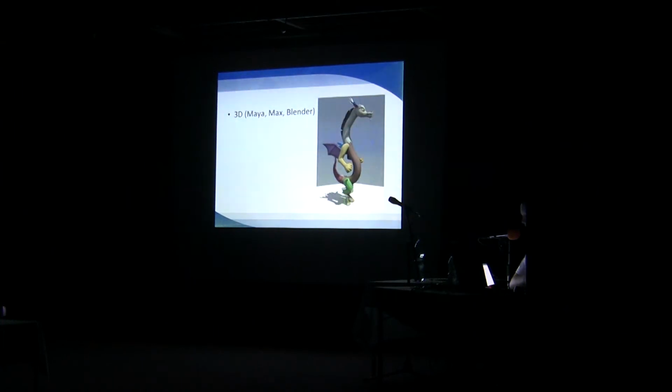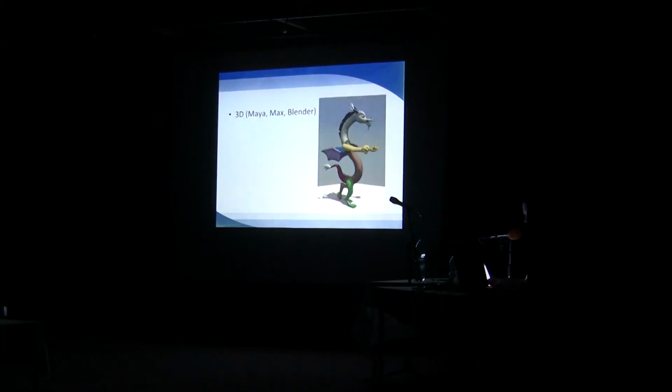3D animations are usually made in Maya, Max, Blender, in such animating programs. From these, I recommend Blender because it's free and very good for beginners, but if you want something better, there's very good software, Autodesk Maya.